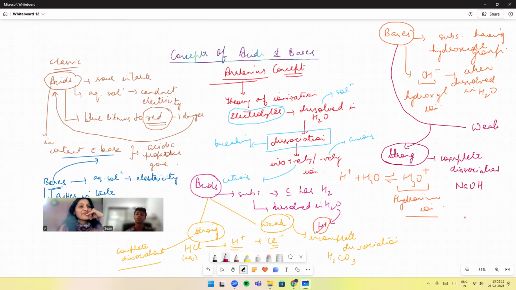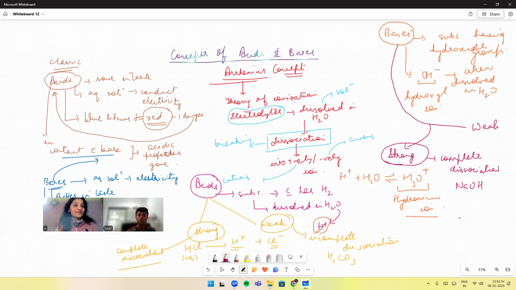Would HCl be one? Oh, HCl, though it has hydrogen, it is going to fit in the acid category. It is not going to fit in the base category. It ought to have OH as per Arrhenius, right?